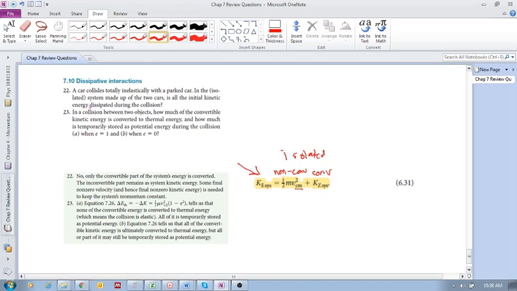It says here it's totally inelastic, right? You have a car and a parked car, and this car is moving, and then they crash and move together.